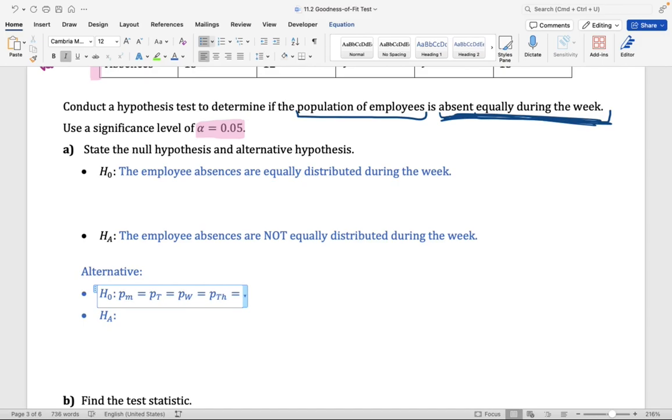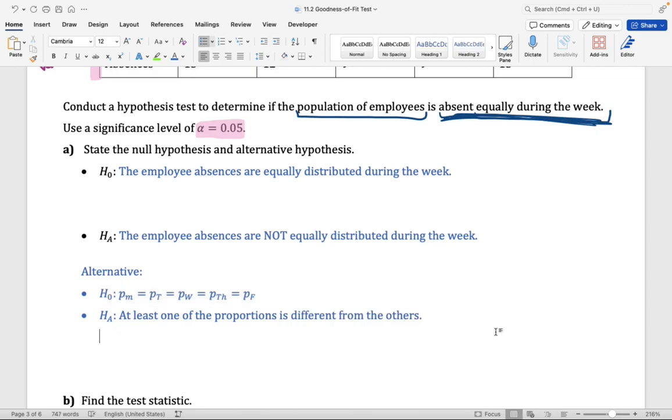All of these proportions are also equal to P sub F, which is the proportion of people who are absent on Friday. Now, for the alternative hypothesis, we can say that at least one of these proportions is different than the others. Not all of them have to be different. We just need one to be different than the others. So we can go ahead and just write at least one of the proportions is different from the others.